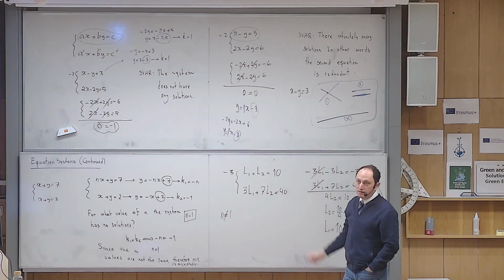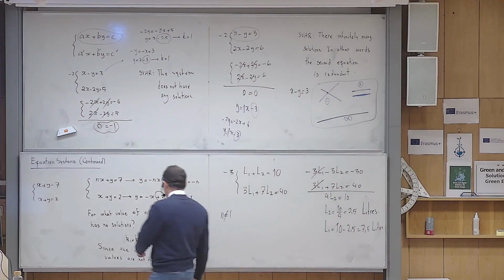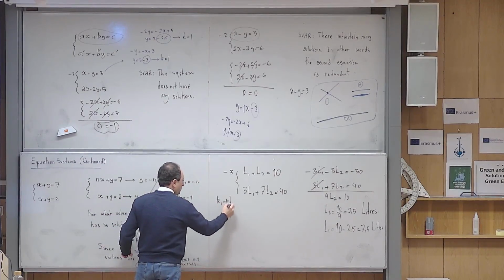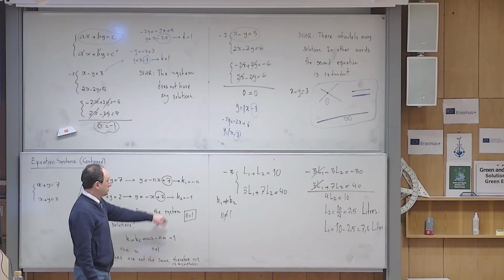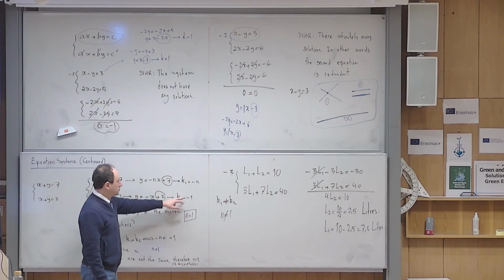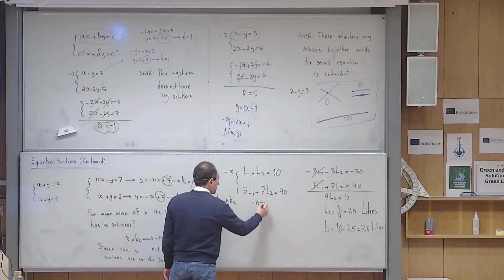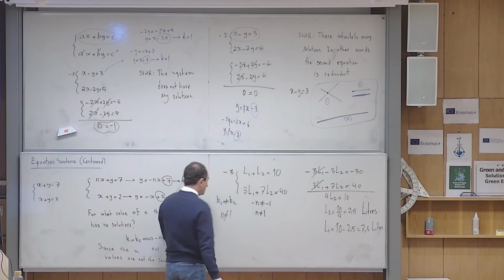It means that the k values should not be the same. So k1 should not be equal to k2. So minus n, which is k1, should not be equal to k2, which is minus 1. So minus n should not be equal to minus 1. So it means that n is not equal to 1.